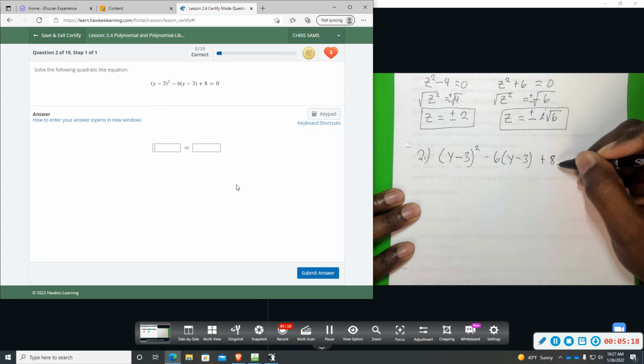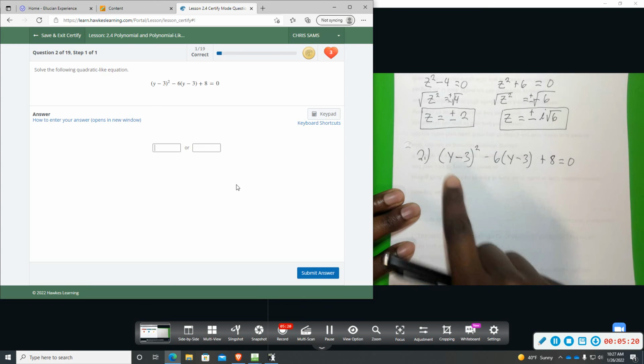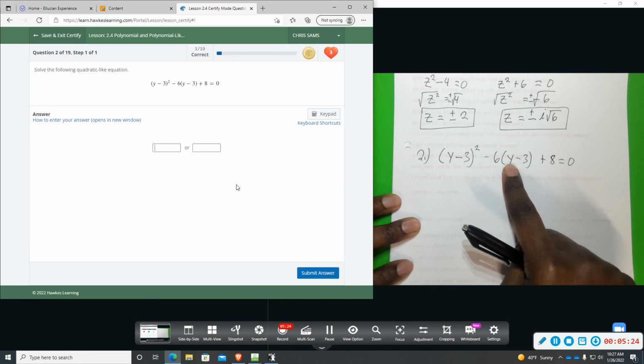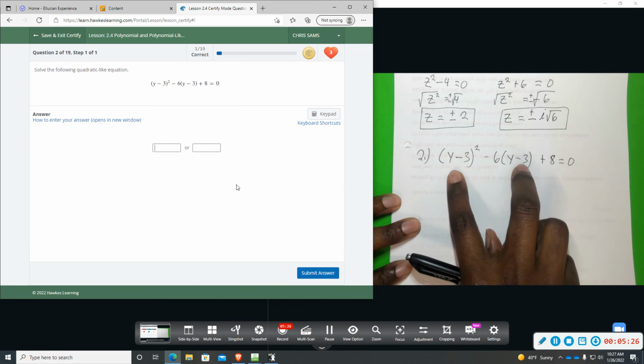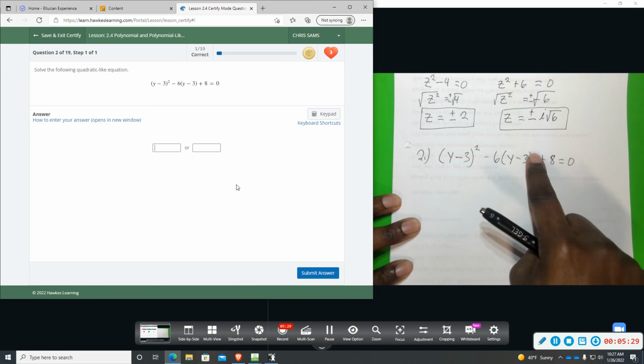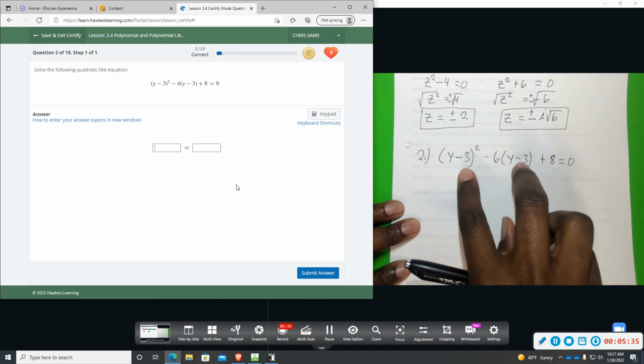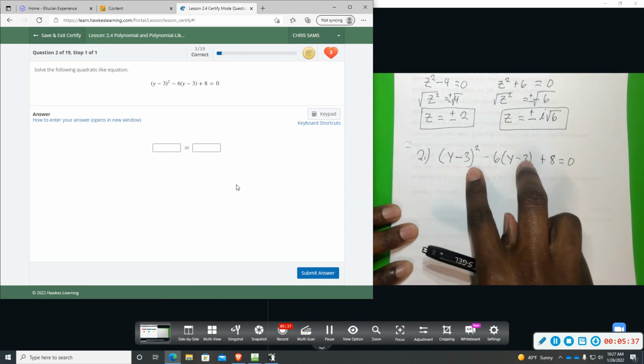Now, the only way that you could not do this is if these were different. So if this has y minus 3 and that was like a y minus 2, you couldn't factor it because that's not the same. And if the relationship between these exponents is not half or double going that way, you wouldn't work it this way. But all of these are like that, so we're going to factor all of them.